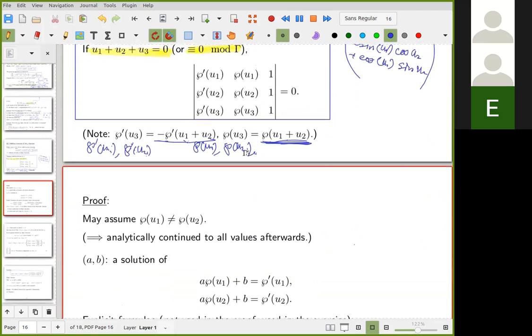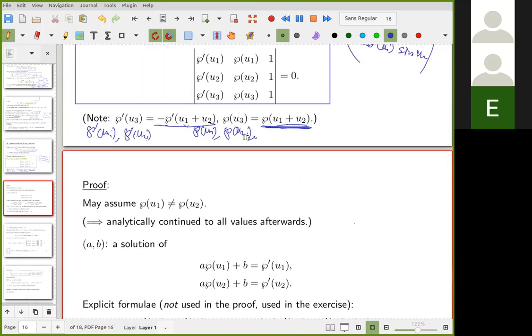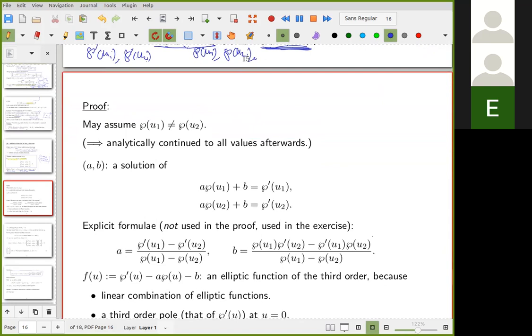Since if p(u1) and p(u2) are the same, then it causes some problem, for the moment let's assume that they are different. But it is not a very serious limitation because we can continue the formula analytically afterwards.